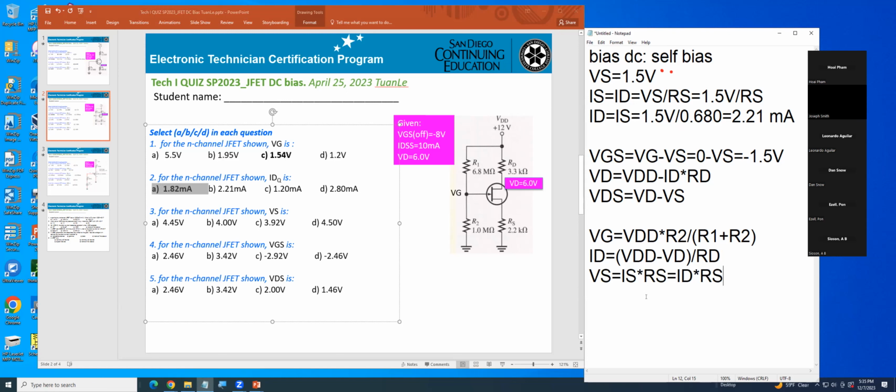Okay, number 3, A, B, C, D. B. Perfect. B.